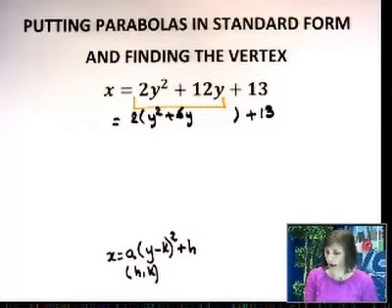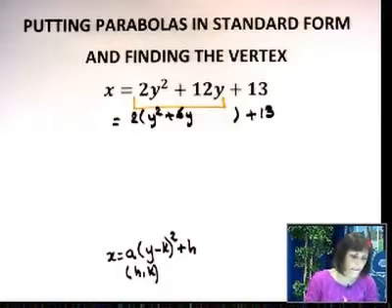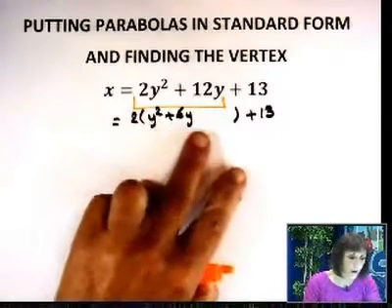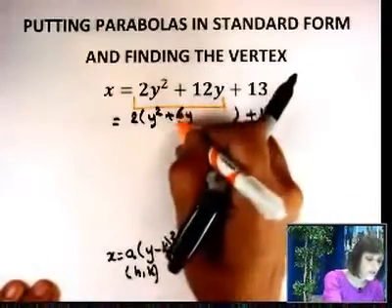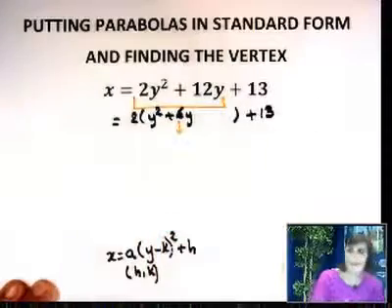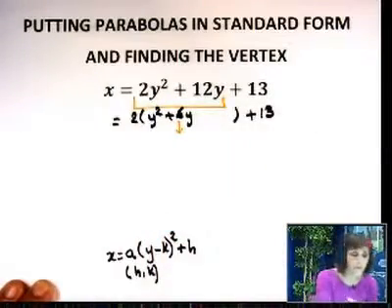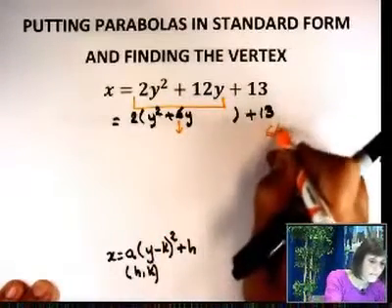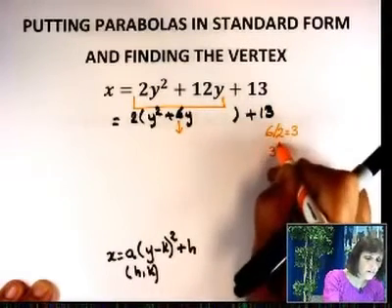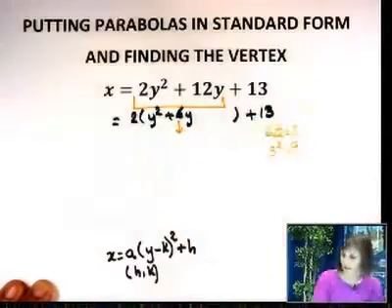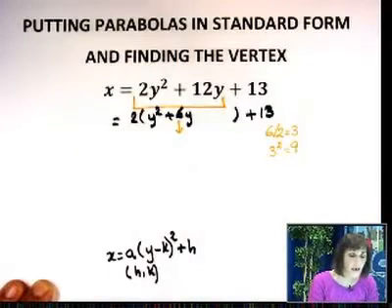Now, look how this works. If I need to put something in here, what is that going to be? Complete the square. You take 6, you divide by 2, then you take that 3 and square it. So it's going to be 9.